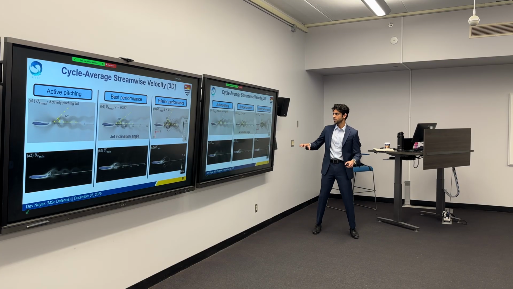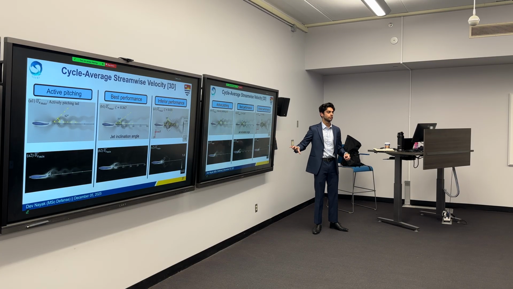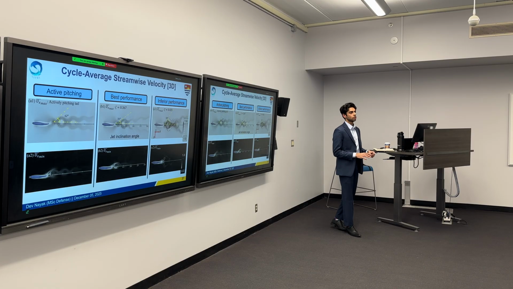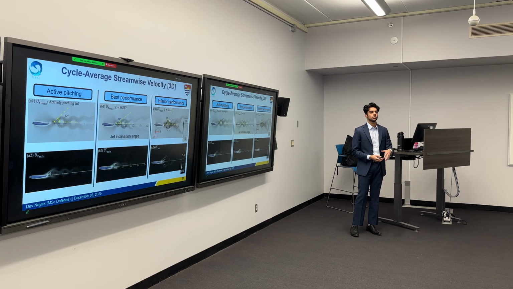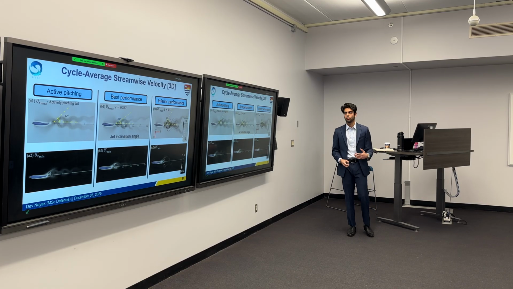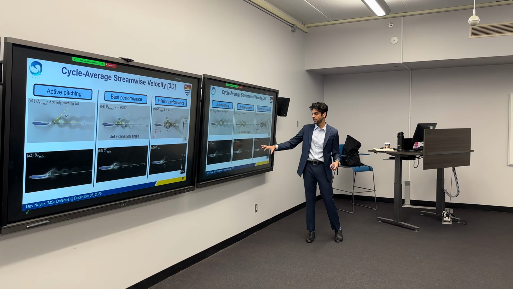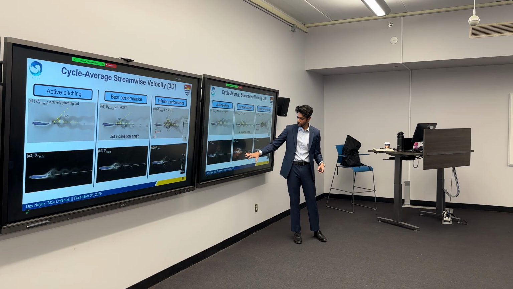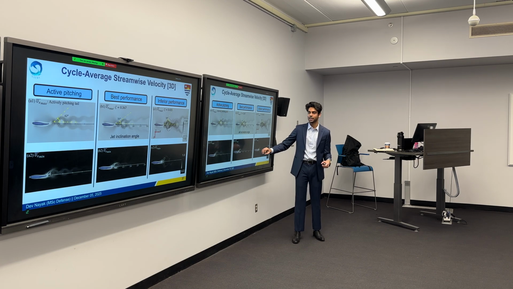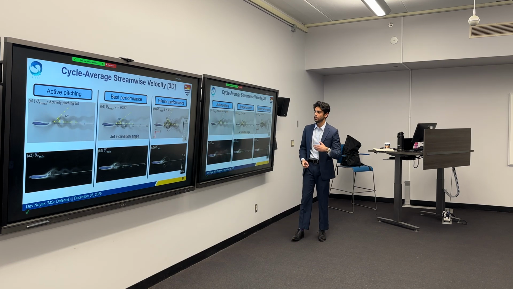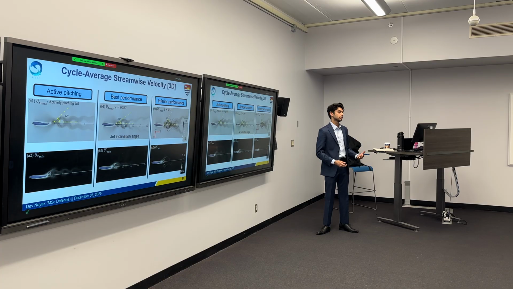So basically, the inferior performance of this case shows much more destruction of the vortex structures, which does not contribute towards thrust. Whereas in the best performing case, the average minimum value is very narrow and does not spread as much in the lateral direction, meaning it contributes heavily towards thrust.